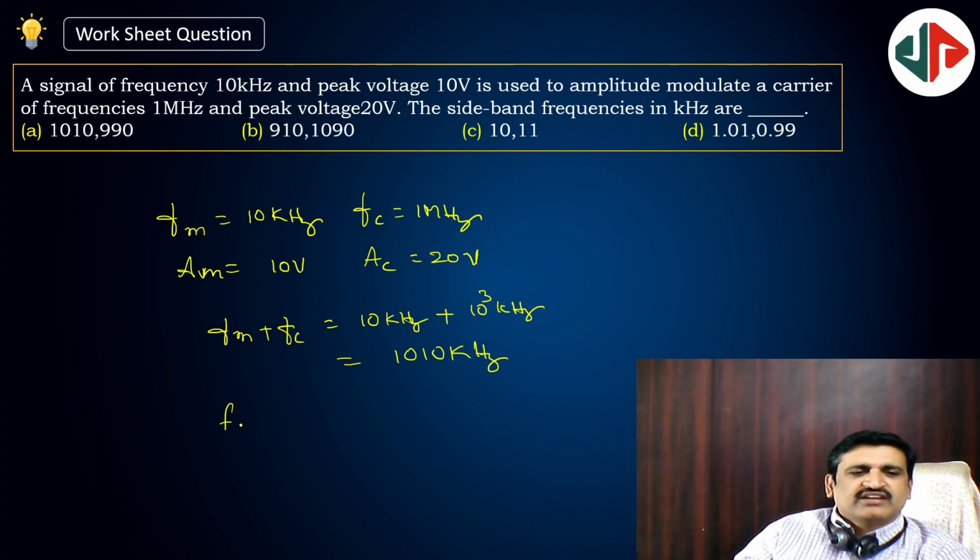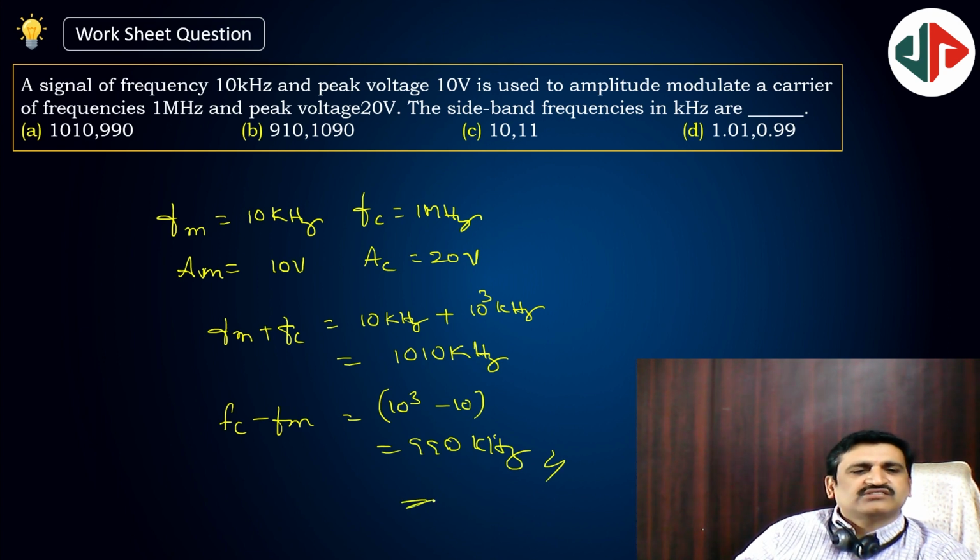And f_c minus f_m is equal to 1000 minus 10, 990 kilohertz. So 990 and 1010. Okay.